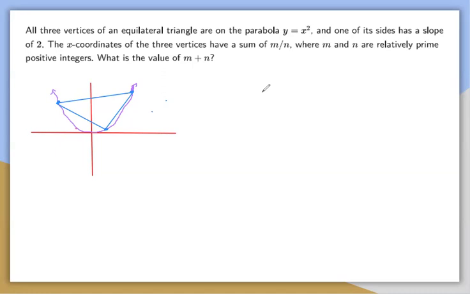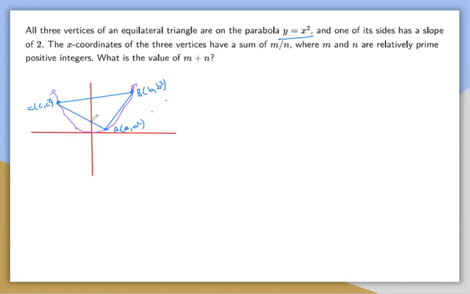So what we know is just y equals x squared. I'm going to start with, let's say this is (a, a squared), because if you choose x as a, then y will be a squared. Then let's say this is (b, b squared), and then (c, c squared). And since we know the slope, let's use that.